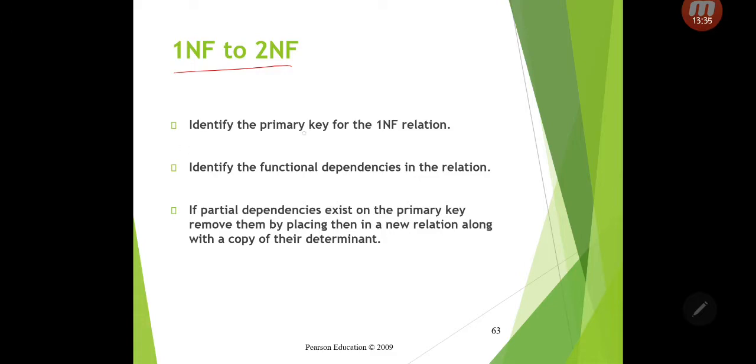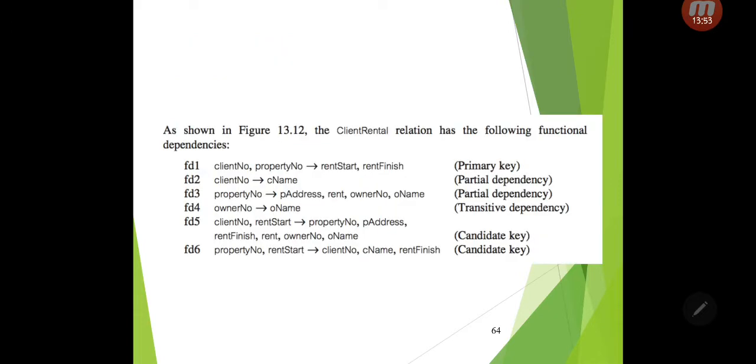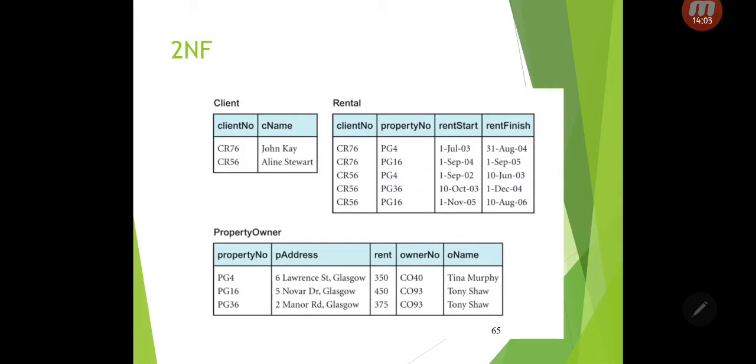First, identify the primary key, identify the FD, both done already. And now if any partial dependency exists, you need to remove it from the main table. So we know we have two partial, one primary key. Now transform it.